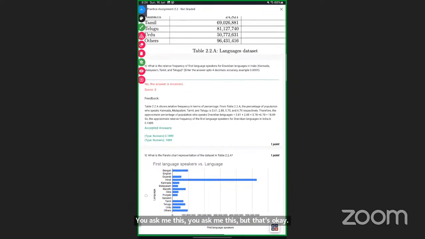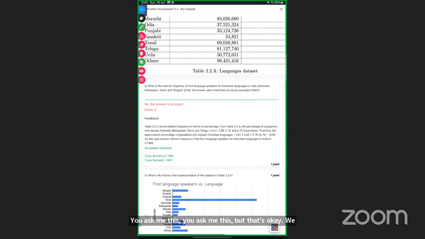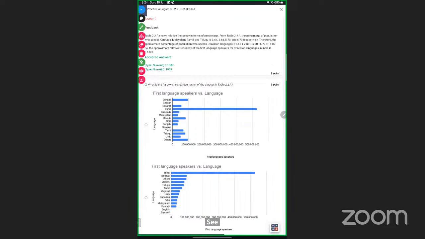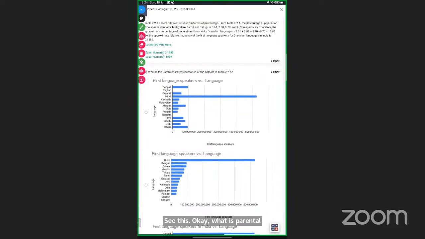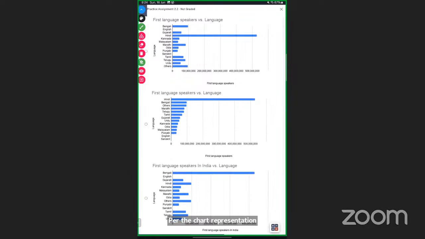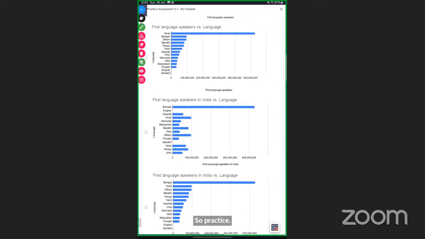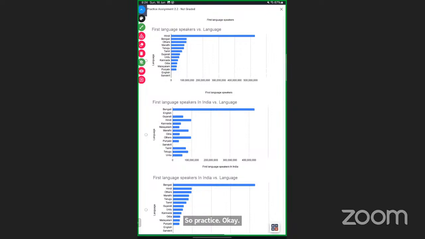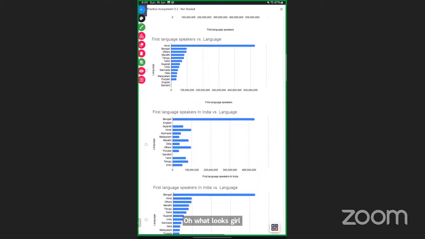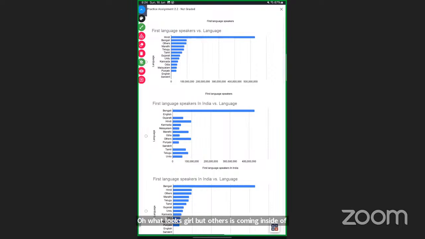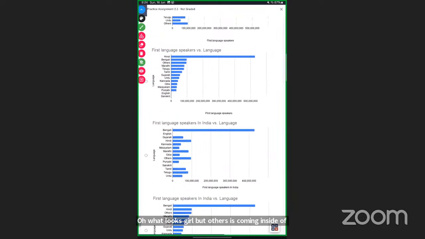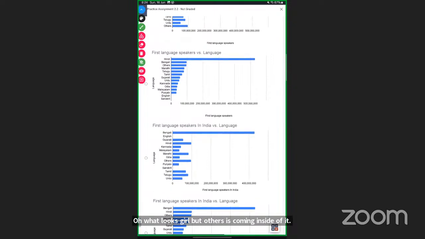We can maybe go to 9 as well. See, this also I need to see. What is the Pareto chart representation of the data set in table 2.28? Both look good, but Others is coming inside of it. Bengali is going very high.